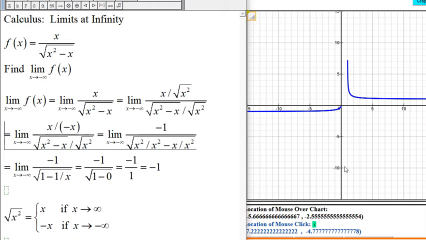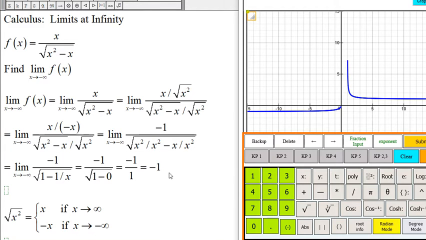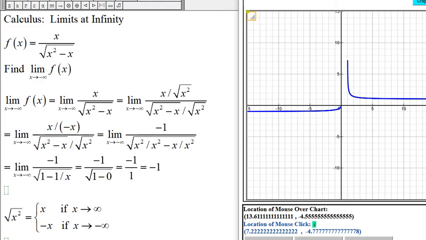But if we look at the graph, we know that 1 is not the answer, because as x gets closer and closer to negative infinity, y is getting closer and closer to -1, not 1. 1 is the other way. If x is going to negative infinity, y is going to -1, not 1. And so now we see why this is crucial.